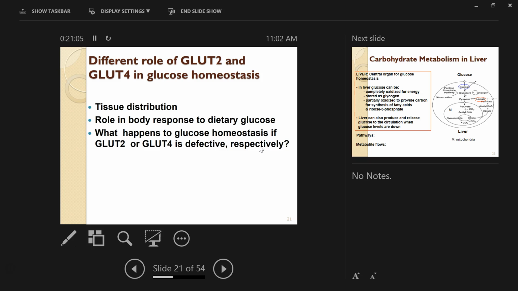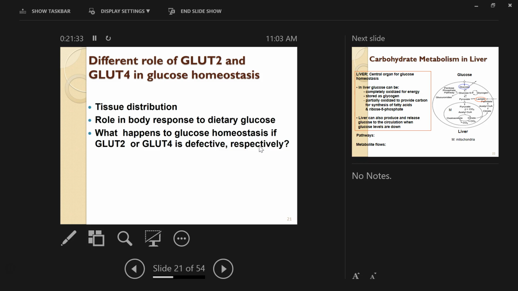But whether that is due to GLUT2 expression is not very clear. I don't think GLUT2 level in the beta cell is low in type 1 diabetic patients, but probably still normal. So yeah, that's a great thought, a very good question.